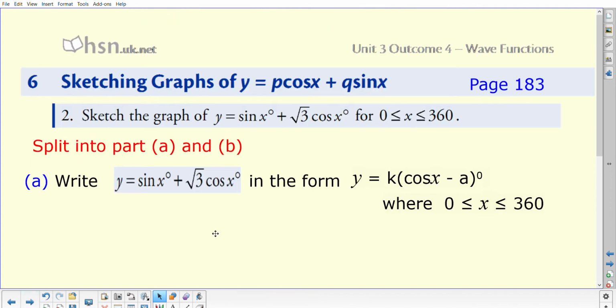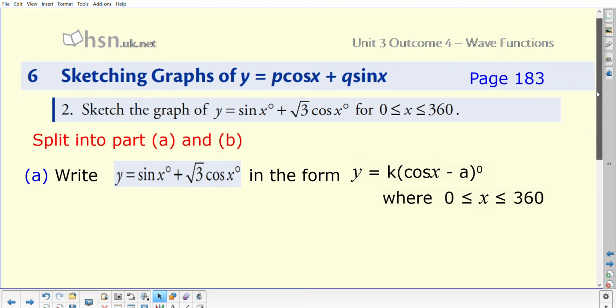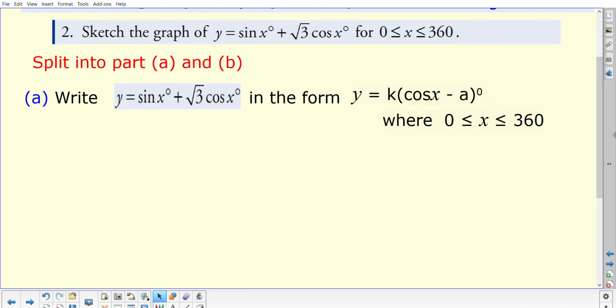So second example, you can maybe pause the video and have a go at this one yourself. You should at least be able to do this first bit.